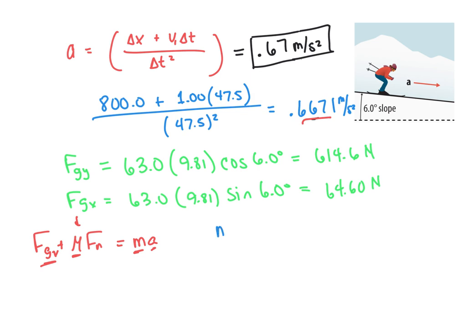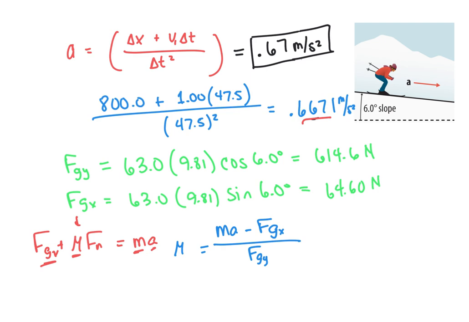I'm going to say my mass times my acceleration minus my force of gravity in the x position. And then I'm going to divide by my normal force, which is technically my gravity in the y position. And that is going to be my coefficient that I'm looking for. All I've done is a literal equation and solved for the variable that I need. So we're going to plug all that in.